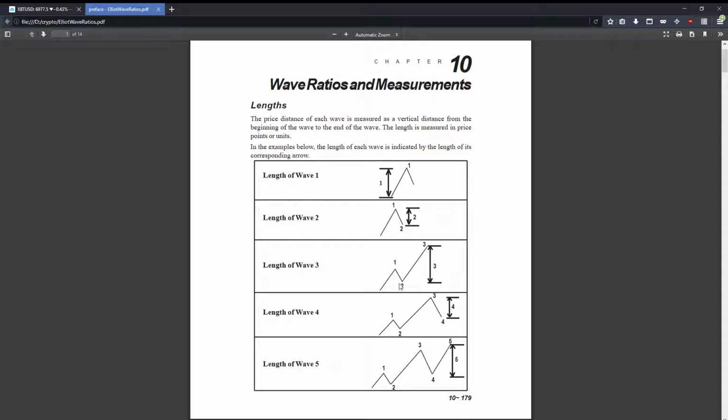Wave 3 is going to be from the bottom of that last retrace to our next high. And wave 4 is going to be much like wave 2. It's the high of wave 3 down to a retrace point. And wave 5 is from the base of 4 to the tip.